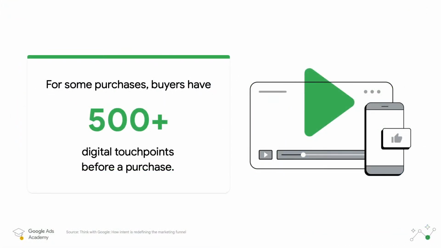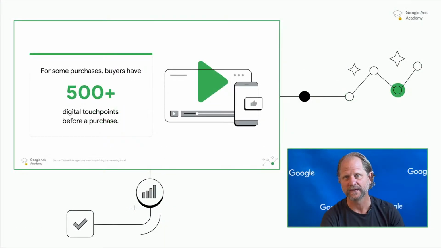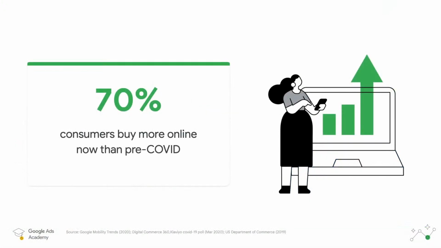In this particular study, it notes that some consumers have 500 plus digital touchpoints before making a purchase. Research has also found that 80% of people say that they typically use both online search and video when researching products to buy. Another interesting fact is that when it comes to shopping online, they're doing more of it. 70% of consumers say that they buy even more online now than they did pre-COVID.